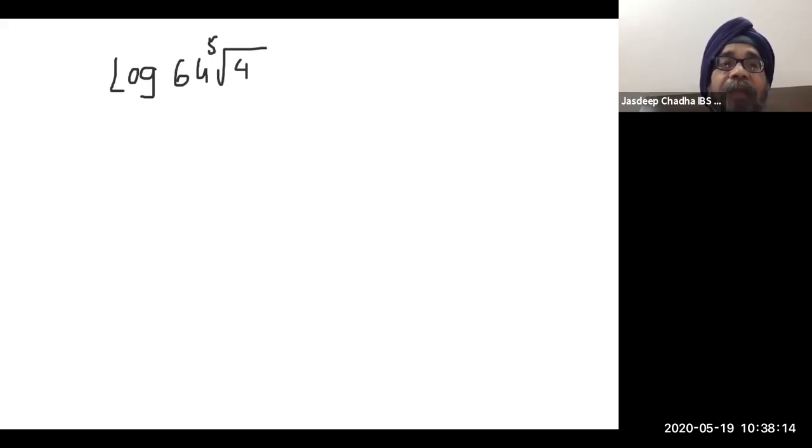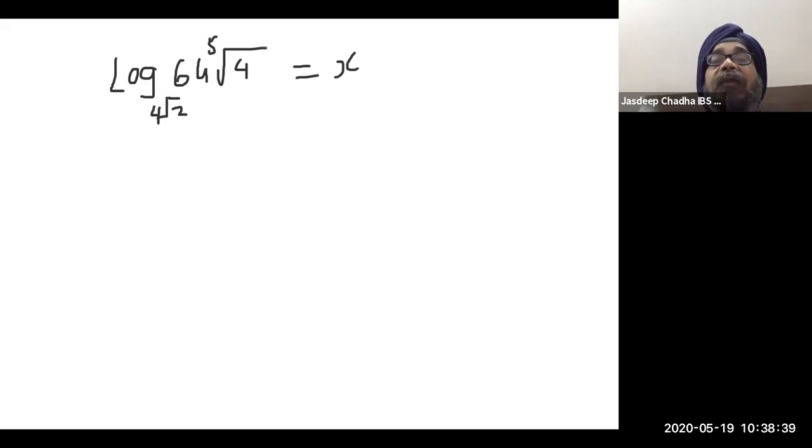Now the base is given. I'm writing the base is 4 root 2. Now let me explain to you. Log of 64 multiplied by 5th root of 4 to the base 4 multiply by root 2 is equal to x. Find the value of x.